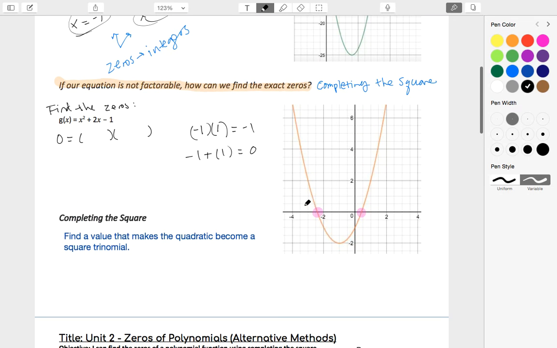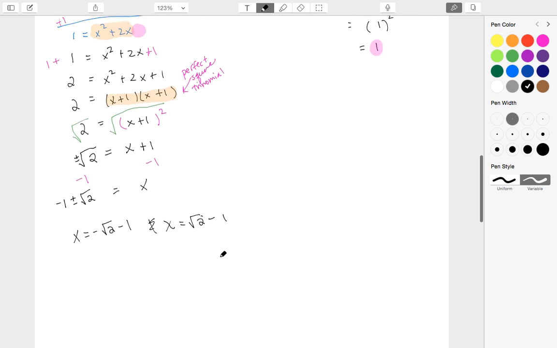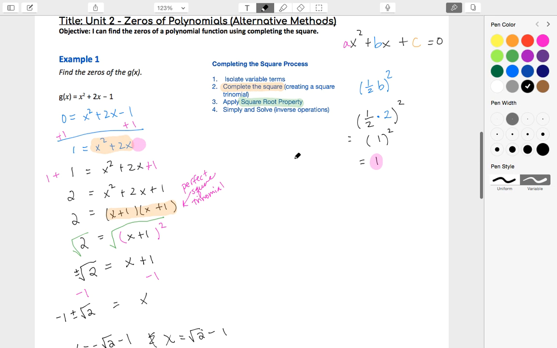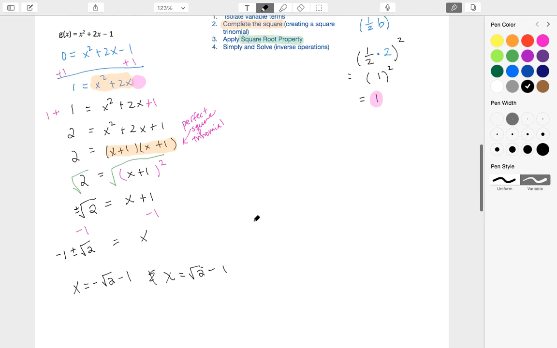In this case, this is where x is equal to negative square root 2 minus 1, and this is where x is equal to square root 2 minus 1. So this process is called completing the square, and that is going to conclude our video.